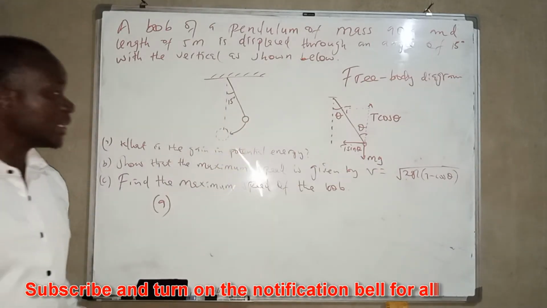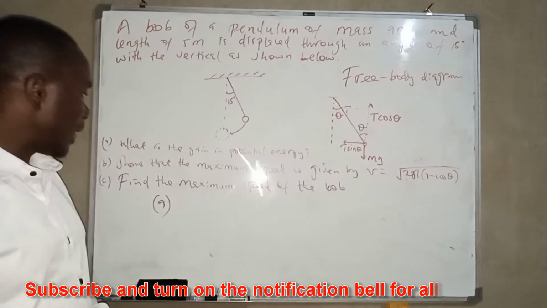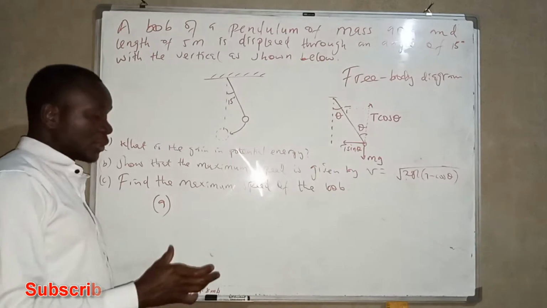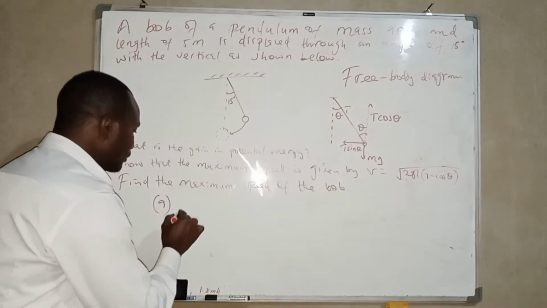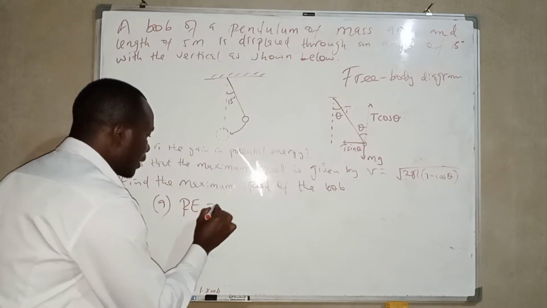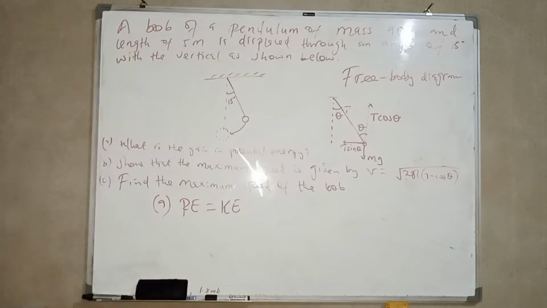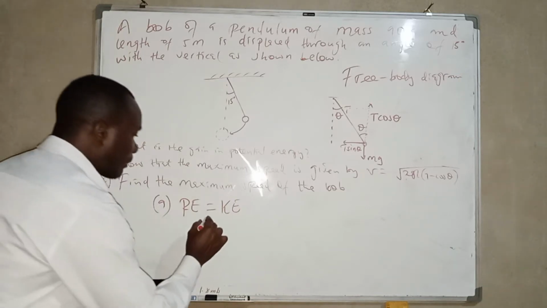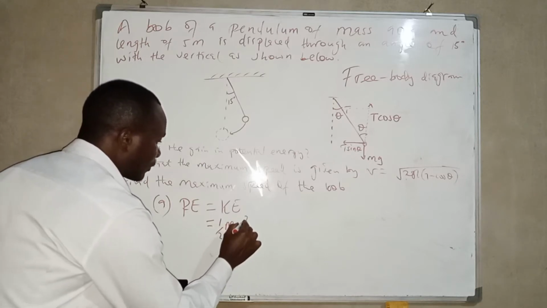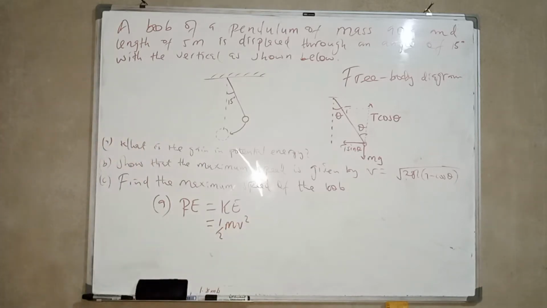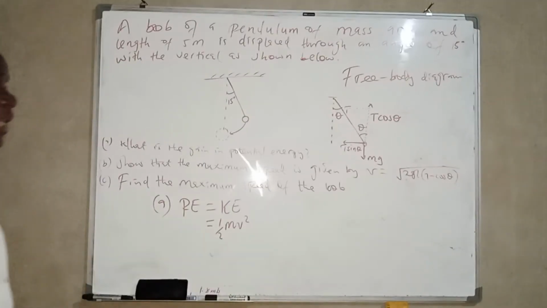So we relate potential energy and kinetic energy, because energy can neither be created nor destroyed, but can only be converted from one form to another. So potential energy is equal to kinetic energy, and we know that kinetic energy is given by half mv squared. Let us keep this equation just like this.